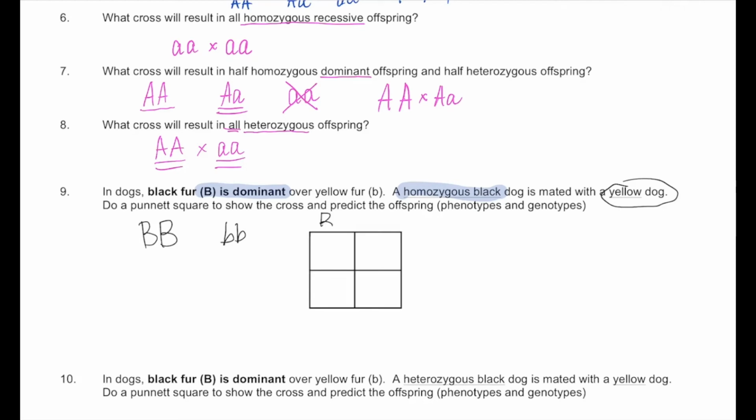Well, it's going to be BB homozygous dominant on bb homozygous recessive. So hopefully you can predict that all of your little puppies are going to be heterozygous. If you cross a pure black lab, dominant homozygous, with a yellow lab, which is also homozygous, all of your little puppies are going to be black.